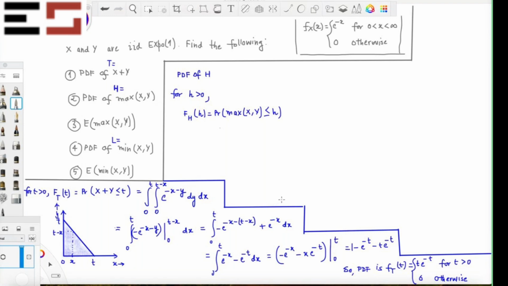So notice that the bigger of the two, max XY, will be less than or equal to H when both of them are less than or equal to H, right?